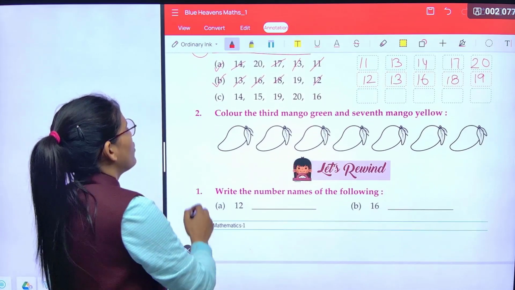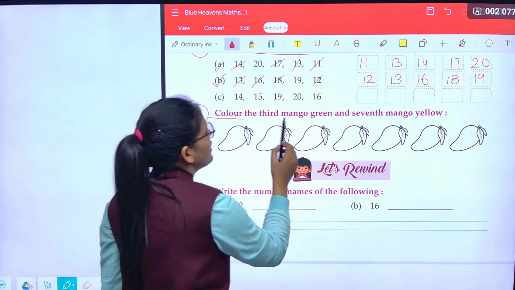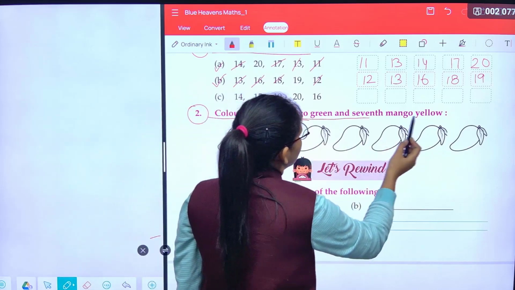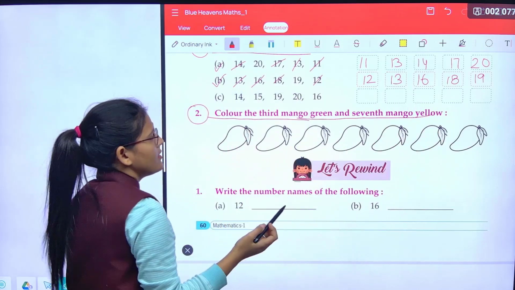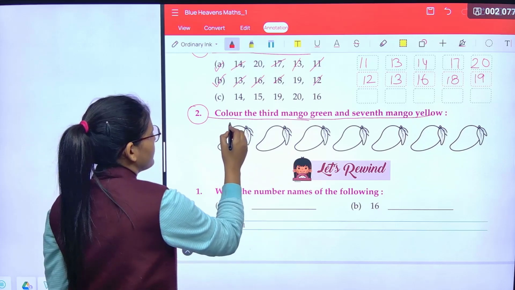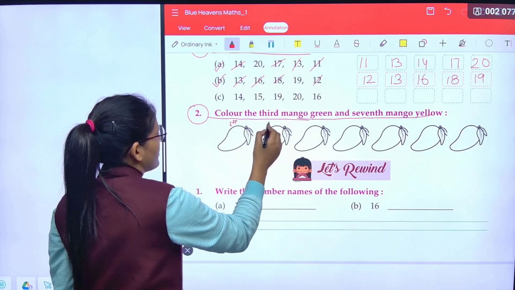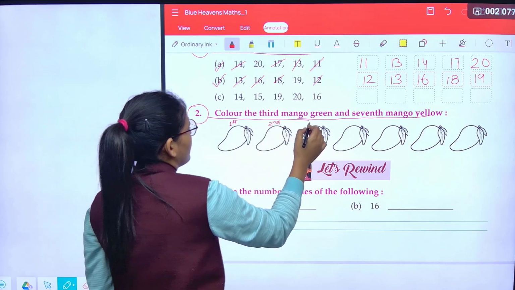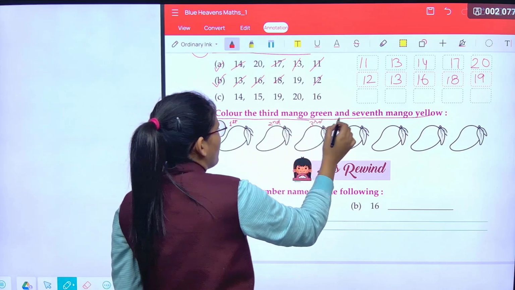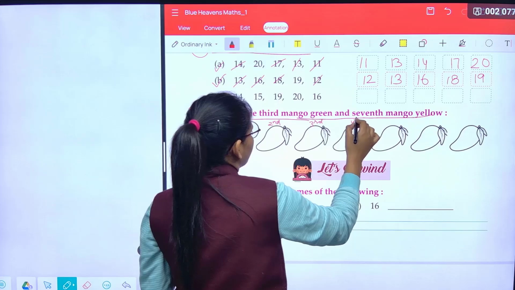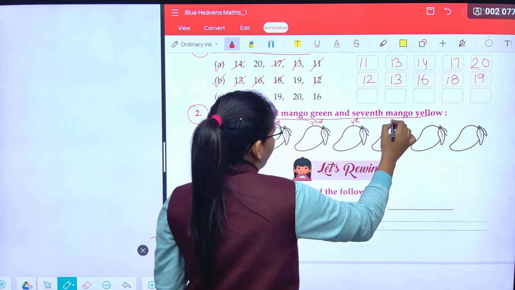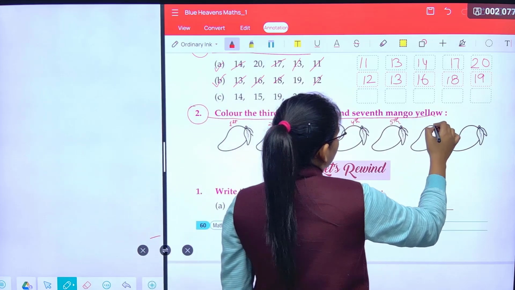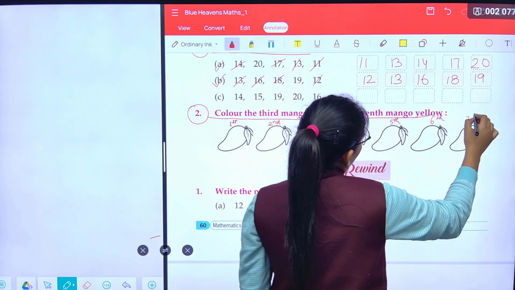Now class, question number 2, color the third mango green and seventh mango yellow. Class, third mango: first, second, third, fourth, fifth, sixth and seventh.